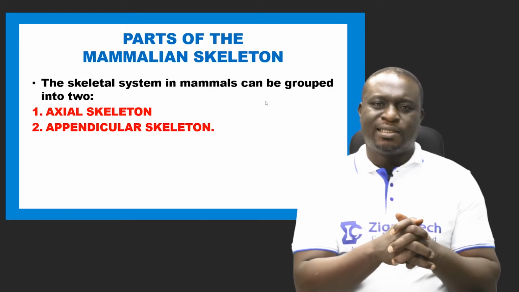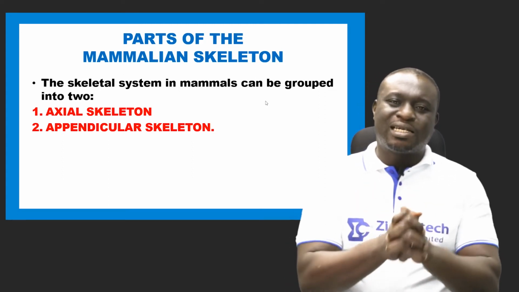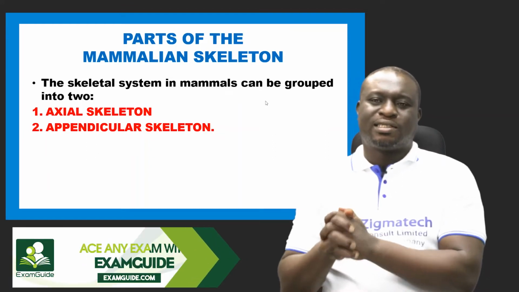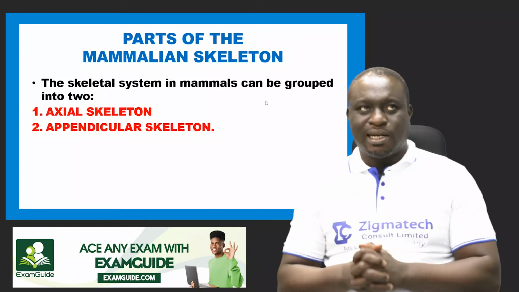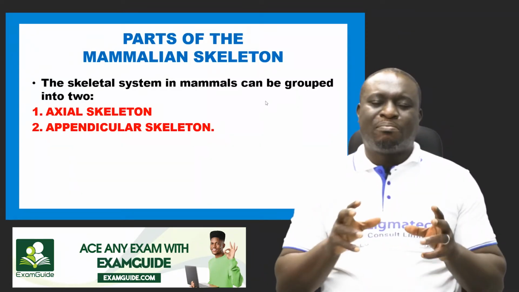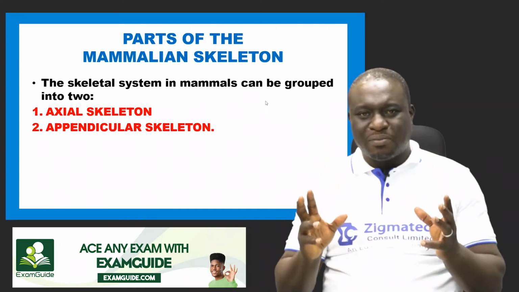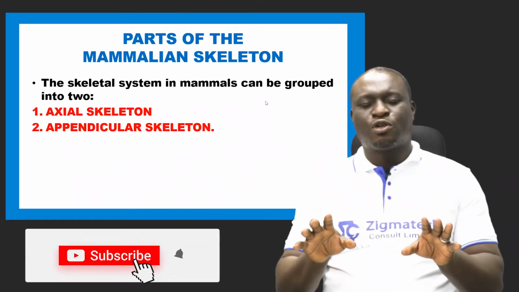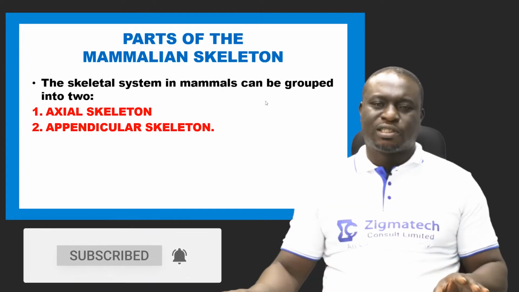The first part is what we call the axial skeleton, and the second part is what we call the appendicular skeleton. Now, we will be looking at the parts that make up the axial skeleton so you can have a better picture of it, and then we're also going to look at the parts that make up the appendicular skeleton.